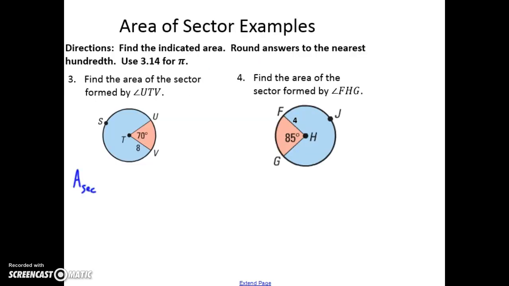And so we're going to use area of SEC to represent the area of the sector. And that's the measure of the angle over 360 times pi r squared. So in this case, I have 70 over 360 times pi times 8 squared.